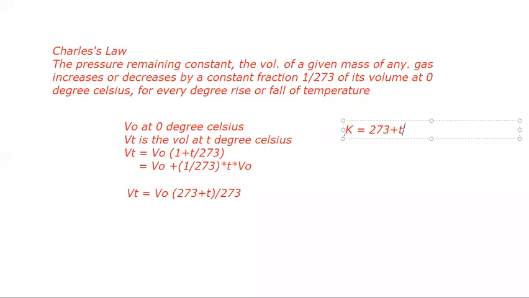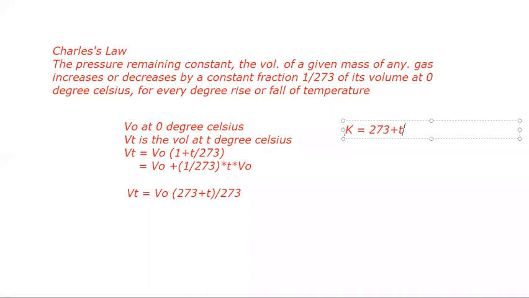But if the value of Kelvin is 0, the temperature in Celsius scale is minus 273, and we cannot get a temperature less than minus 273 degrees Celsius or 0 Kelvin. Physically, we cannot have a temperature less than 0 Kelvin. So Kelvin is known as the absolute scale of temperature.